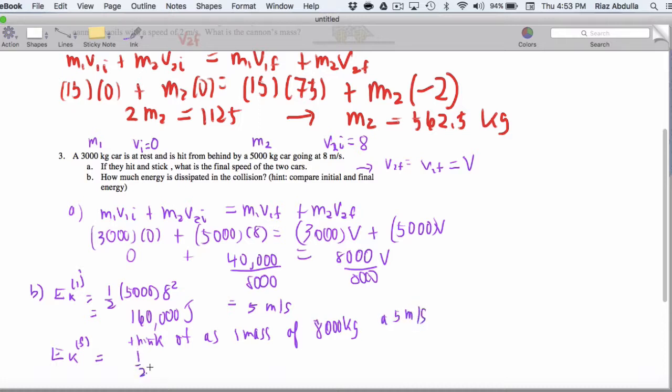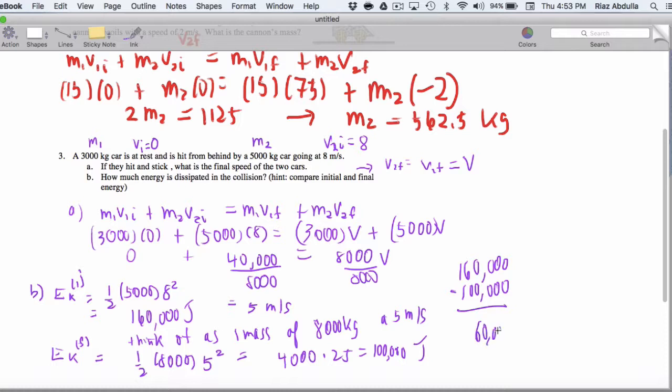So that'll be 1/2 times 8,000 times 5 squared, which is 4,000 times 25, which is 100,000. So when I get the difference here, it's going to be 160,000 minus 100,000, which is 60,000 joules.